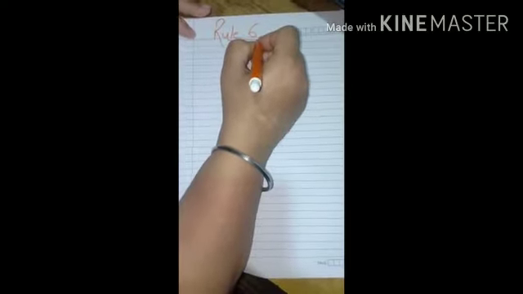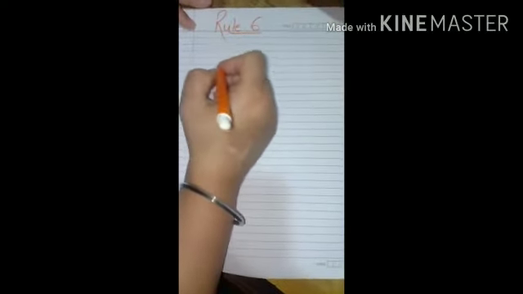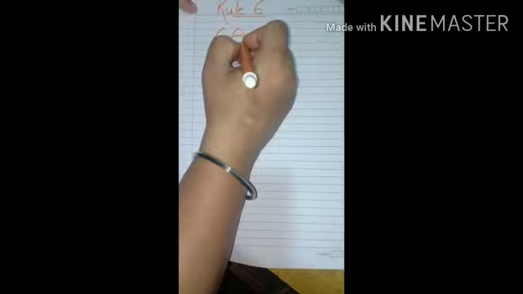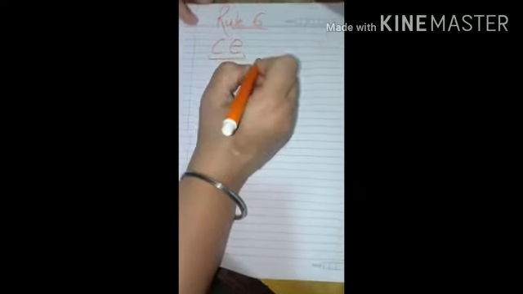Rule 6. When a word ends with CE, we are talking about the base word.